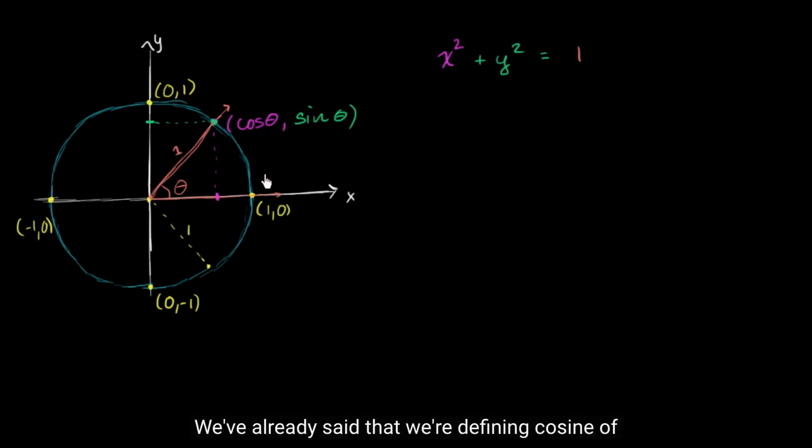Well, we've already said that we're defining cosine of theta as the x-coordinate of this point, and we're defining sine of theta as the y-coordinate of this point, and this point is sitting on the circle. It has to satisfy this relationship right over here.